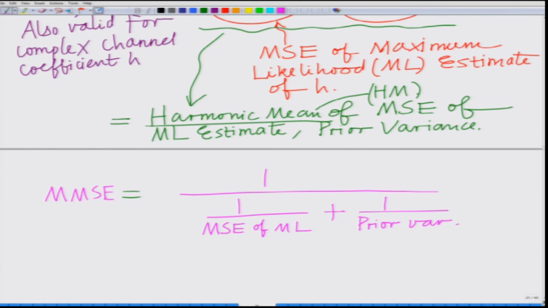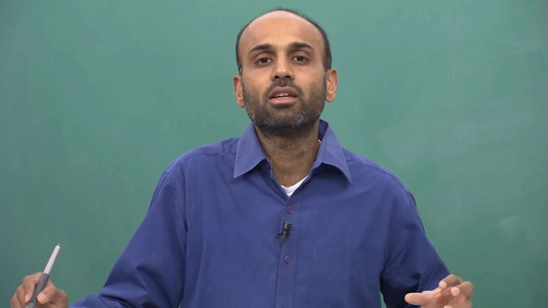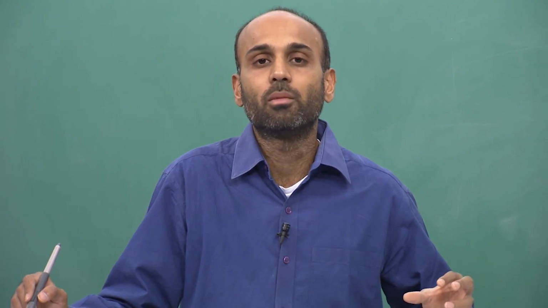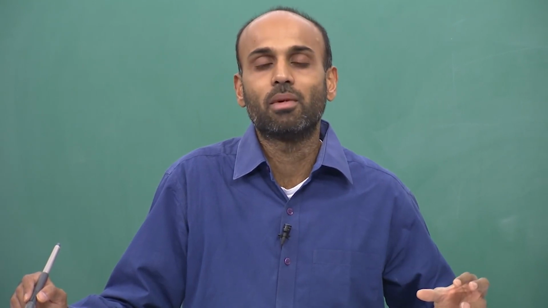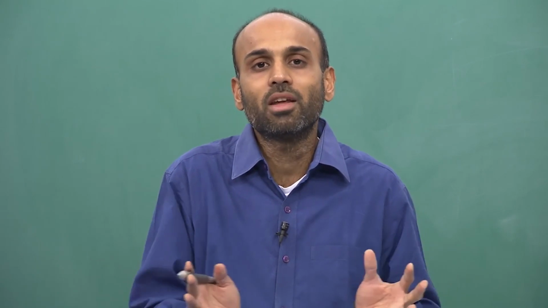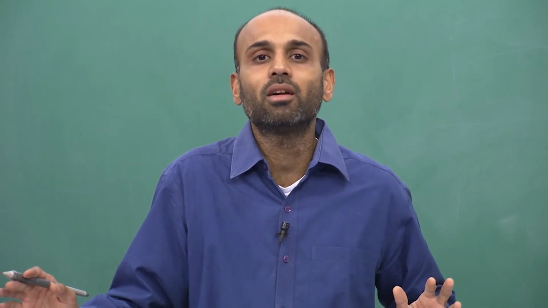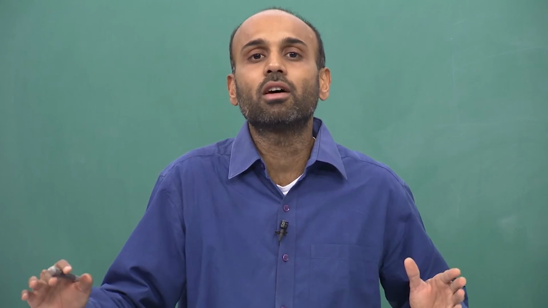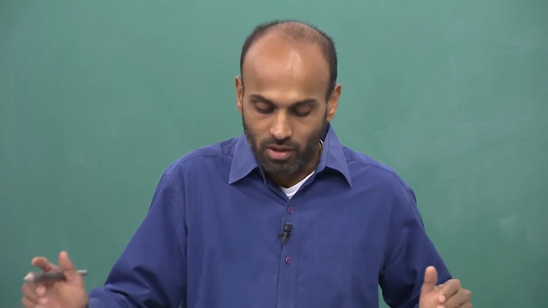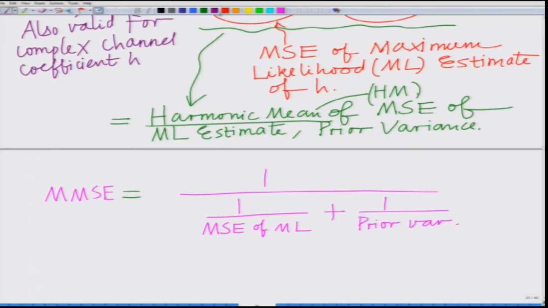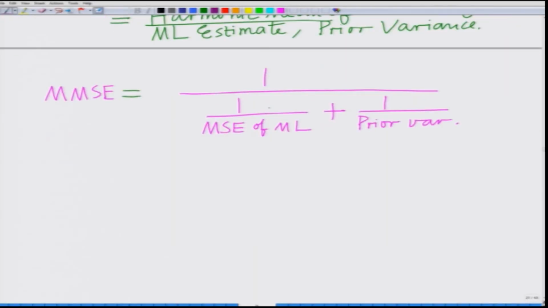If the MSE of the ML estimate is very close to 0, is very small, then 1 over MSE of ML will be very large, so the denominator will be dominated by 1 over MSE of ML. Therefore, the MMSE will simply be the MSE of ML.